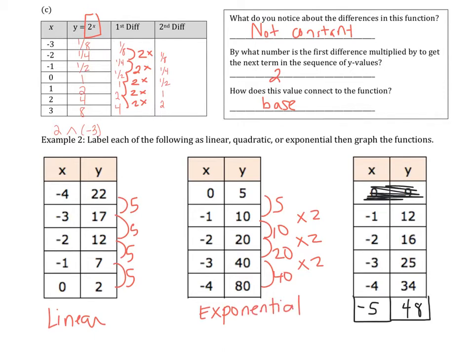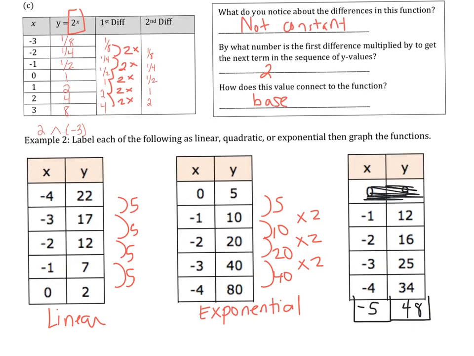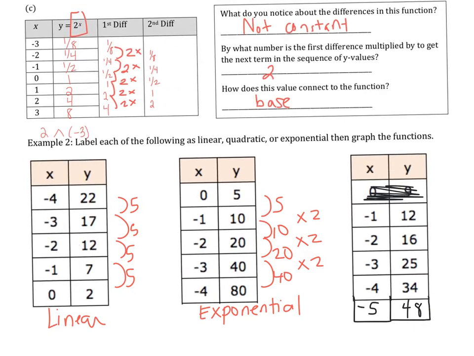Okay, and lastly, we have a problem that I changed a little bit from when I originally made the packet, so it may already be fixed in yours, but if it is not, go ahead and cross out that first row and make the last row negative 548. Okay, so we're going to find our first difference. So we have a difference of 4, and then a difference of 9, and then another difference of 9, and then a difference of 14.